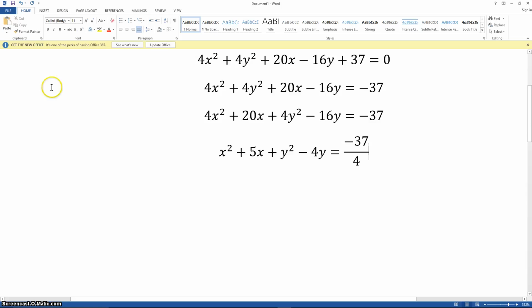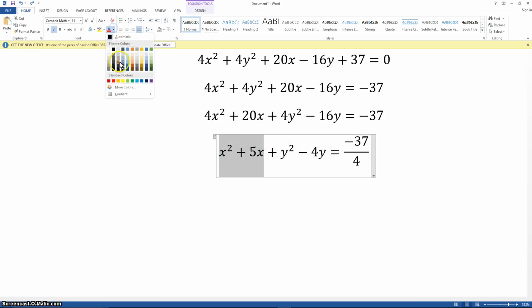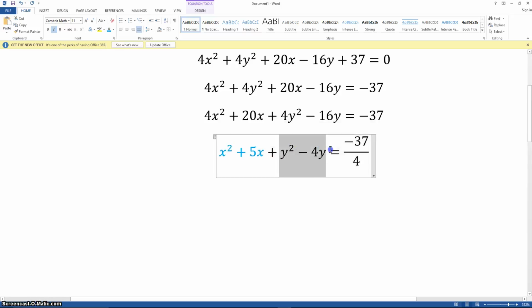I'm not sure how you were told to complete the square, but let's see if I can color this one specific color. I'm going to complete the square for the x terms first, and then for the y terms second.